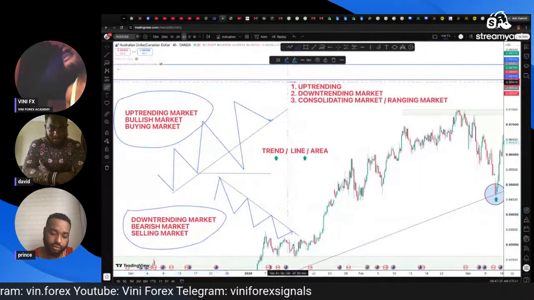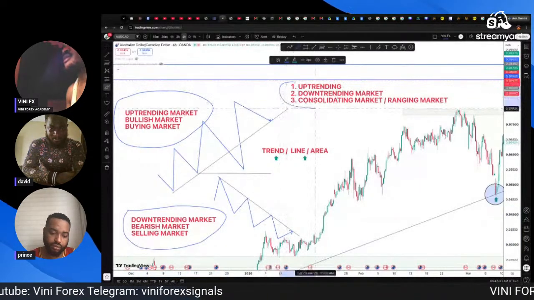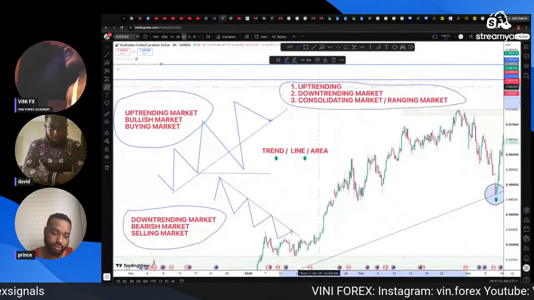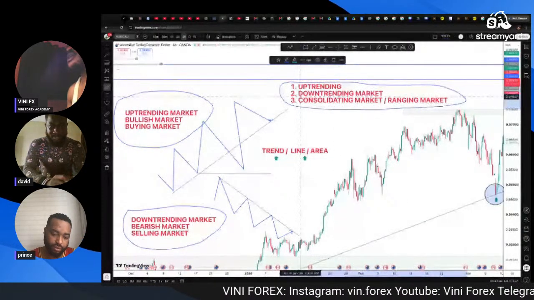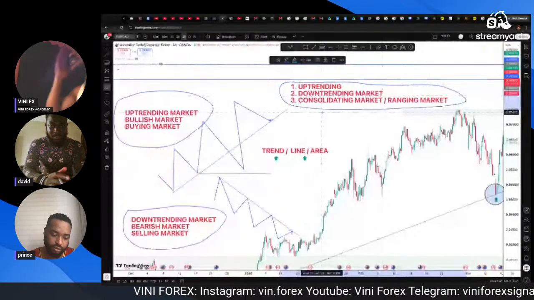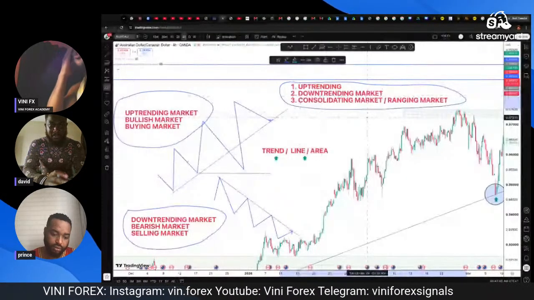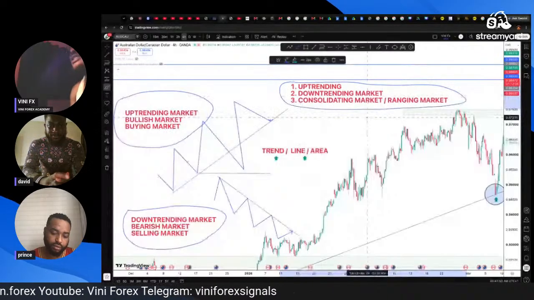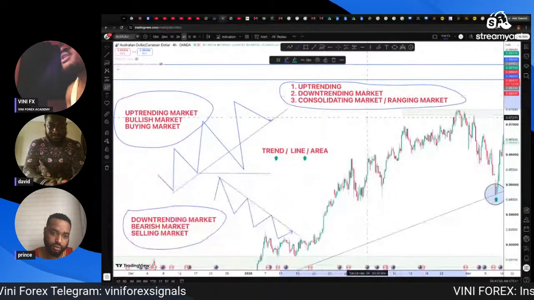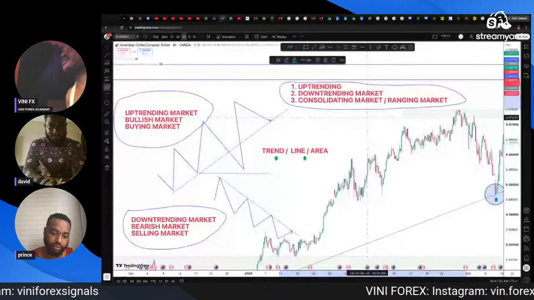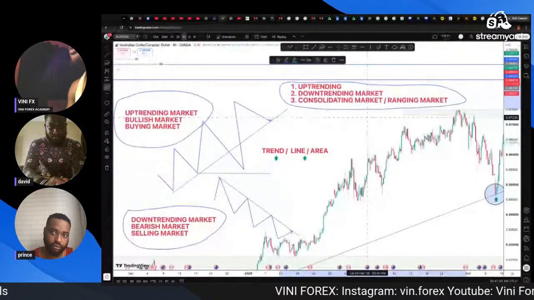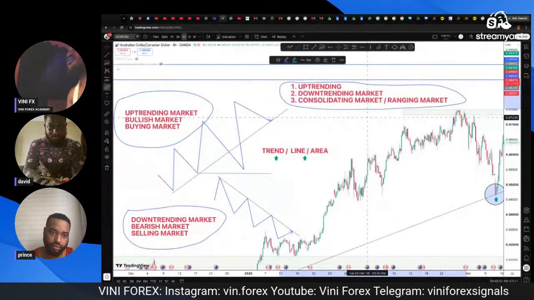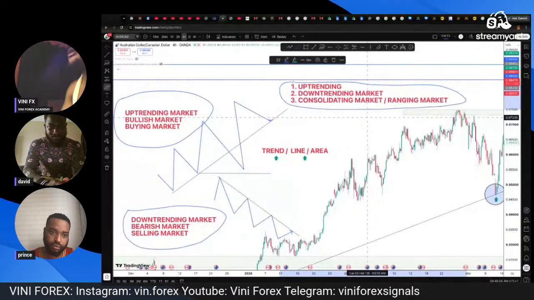The market only moves in three patterns: an uptrending market, a downtrending market, or a ranging market, also called a consolidating market. Anytime you open the chart, your first thing to look at is whether this market is buying, selling, or ranging.